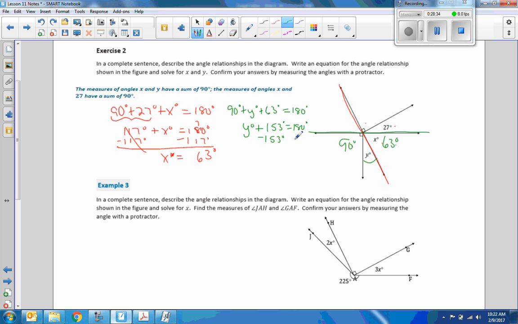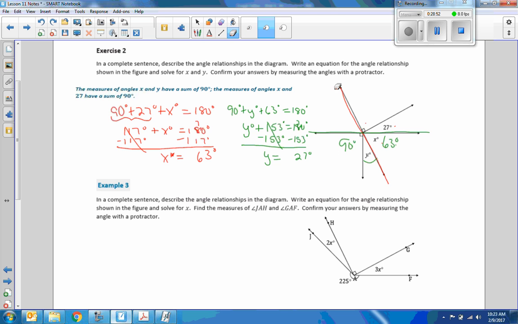Subtract 153 degrees from both sides. And I get these to cancel. And I get y equals 10 minus 3 is 7, 7 minus 5 is 2, so y is 27 degrees.